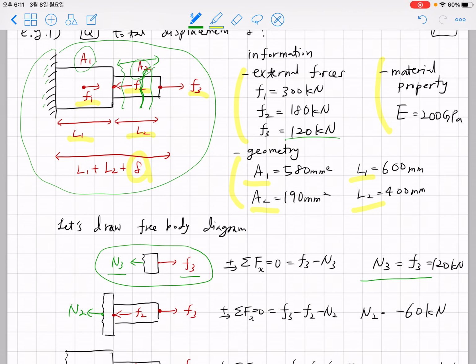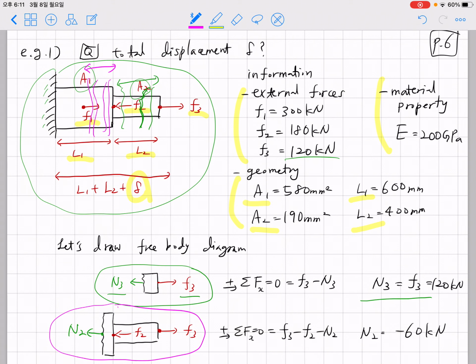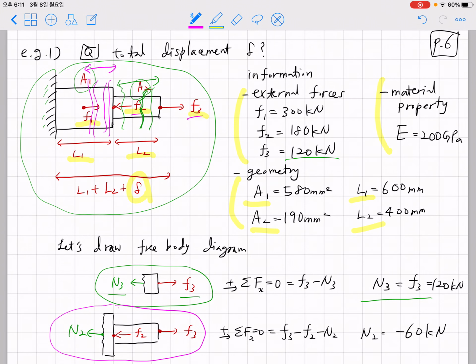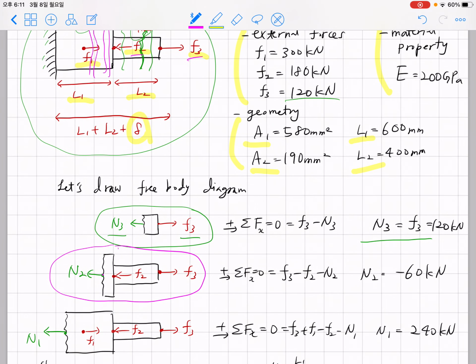Now, if you make an imaginary cut here or there, whatever imaginary cut you make within this zone, you're going to have this kind of free body diagram. You have two external forces, F2 and F3, and one reaction at that imaginary cut.